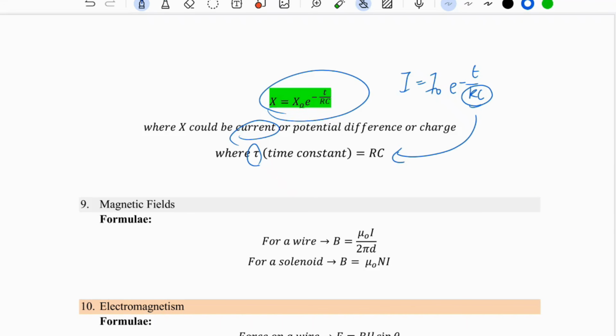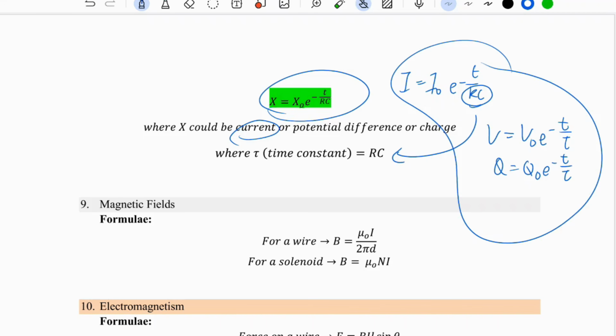Or X can be potential difference, where V equals V naught e to the negative t over tau. Or it can also be charge, Q equals Q naught e to the negative t over tau. So that's about it for capacitance. You can use any of the three depending on the question.